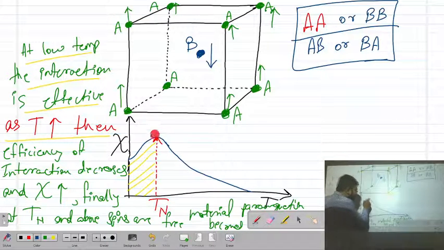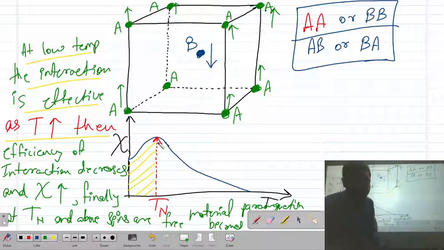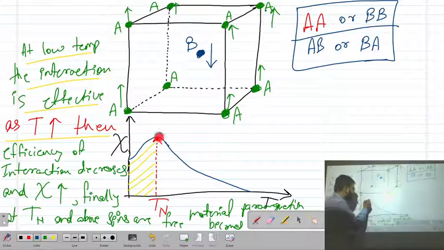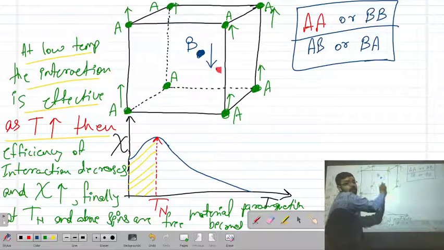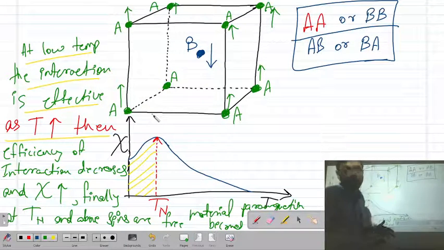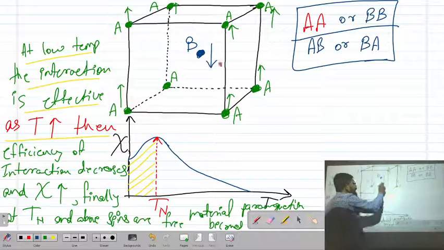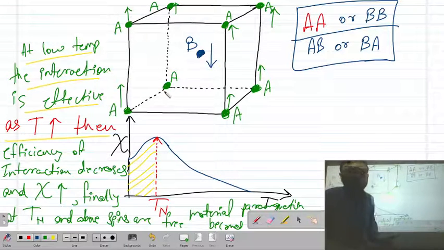Finally, at this point, that is nothing but the Néel temperature. The temperature is nothing but the thermal energy. It is very high at this point. It is enough to break down the interaction between these two dipoles, and they will lose their orientation.